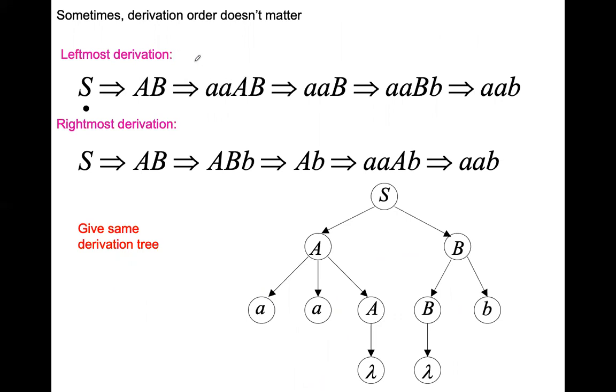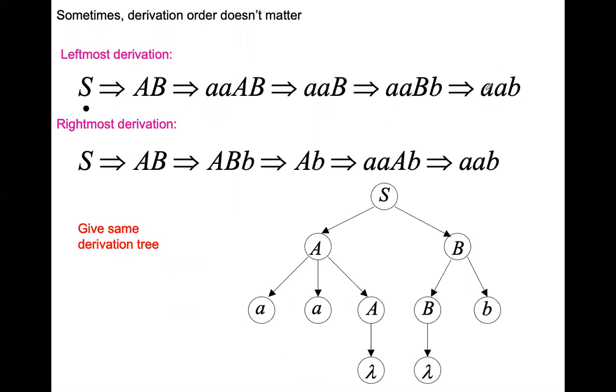In the place of A we substituted A, B. Again the leftmost is A, so in A we substituted the null operator, giving AB. Now there is no left or right, only one variable. So in B we substituted BB, and next in B's place we substituted epsilon, that is the lambda operator, because only one variable is available here.